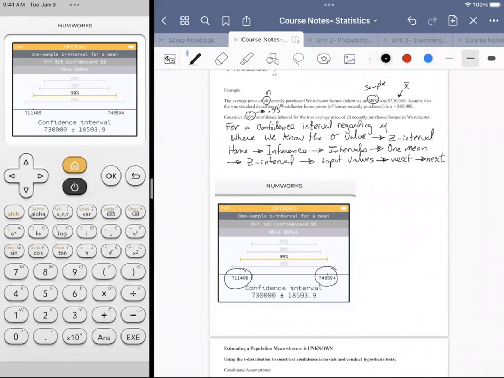All right. So what we do as a final answer is we take these two numbers and put them in brackets. So my 95% confidence interval, which I'll abbreviate CI, is going to go from 711,406 to 748,594.